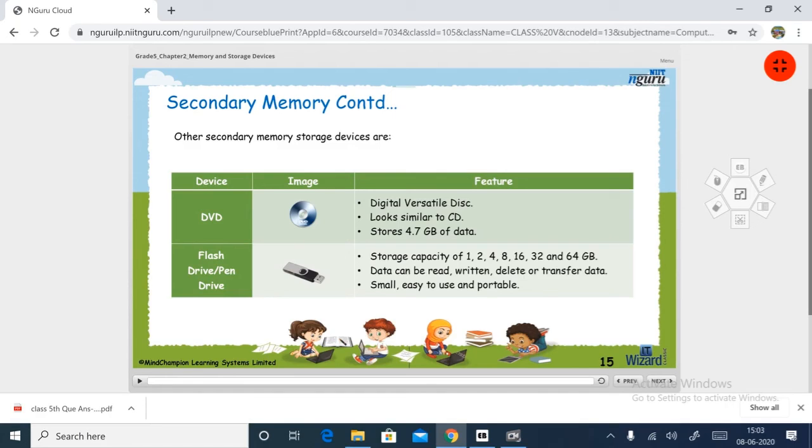Data can be read, written, deleted or transferred, and it is small, easy to use and portable. Portable means it can be carried from one place to another. It is a pocket friendly device, known as a pen drive or flash drive.